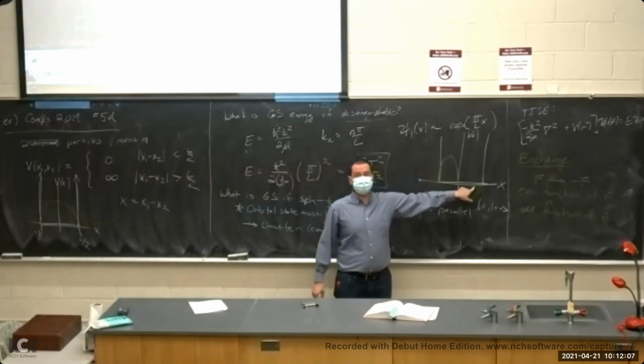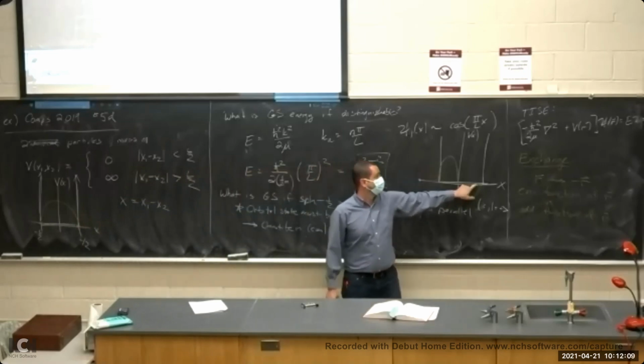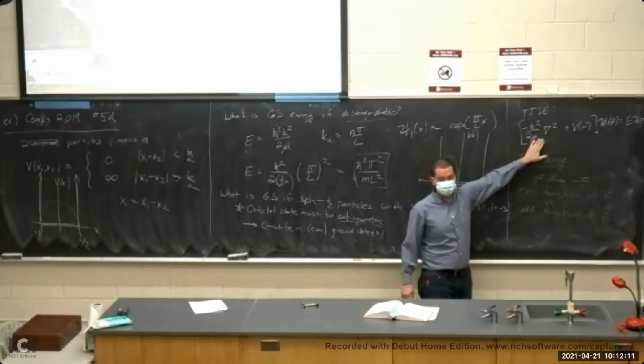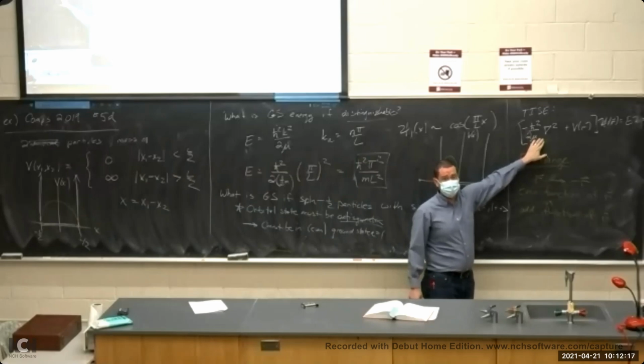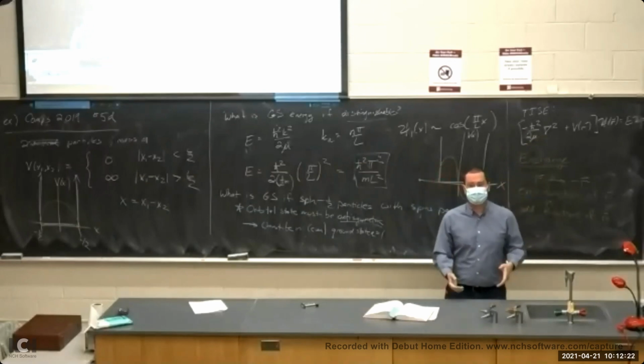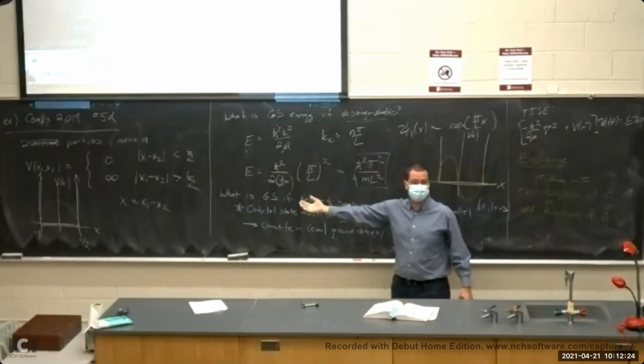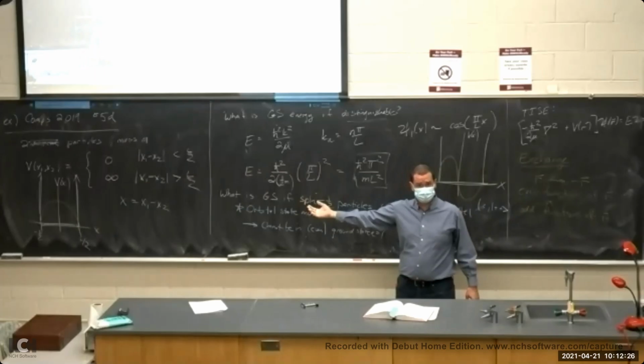This is a property of both particles together, the relative motion coming from the relative coordinate Schrodinger equation is even or odd. Does that make sense? The question has changed. It's not like which particle is in which quantum state. The system collectively is in either a symmetric or anti-symmetric state. Okay. Does that help?